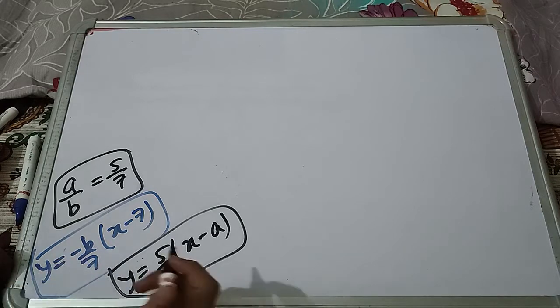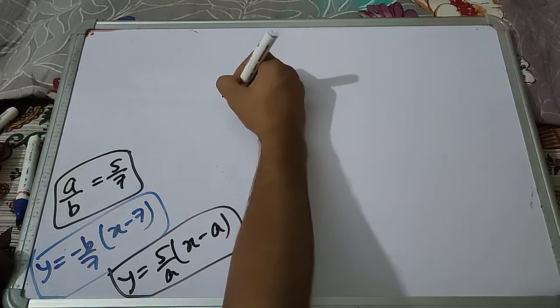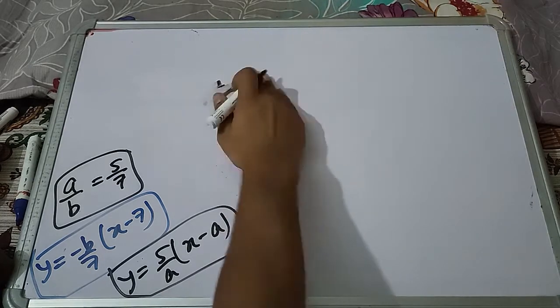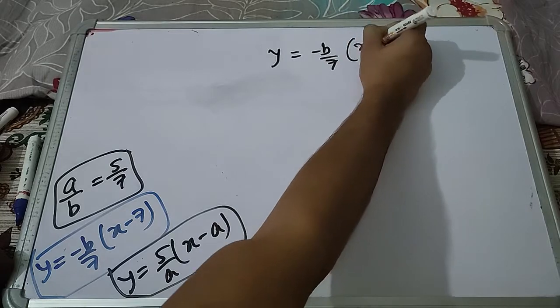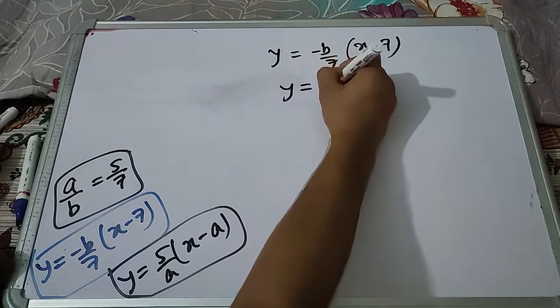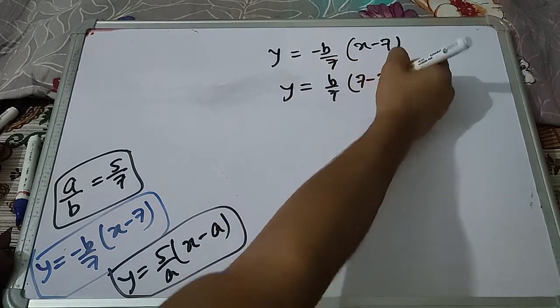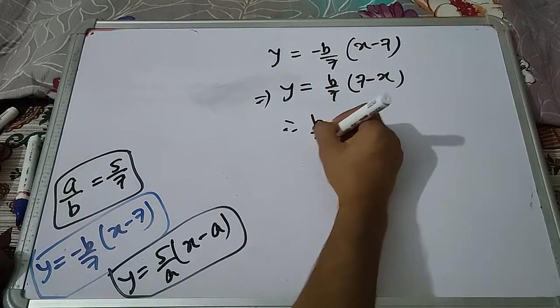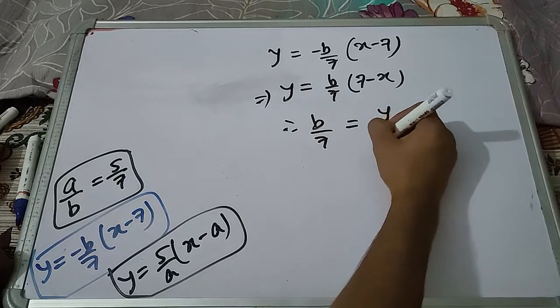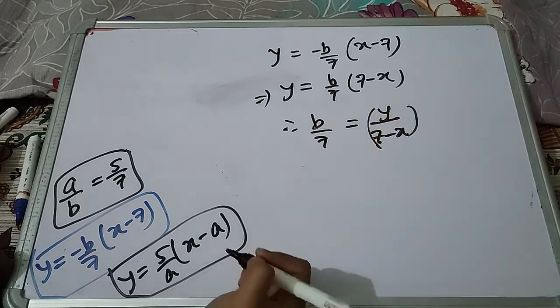What we can see is that y equals minus b by 7 into x minus 7. This can be converted to b by 7 into 7 minus x. I have inserted the minus over here. Therefore, b by 7 equals y by 7 minus x.